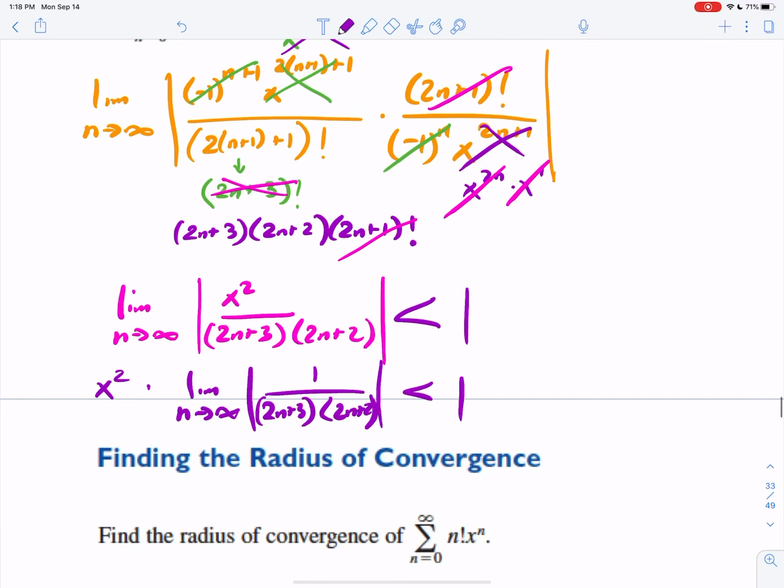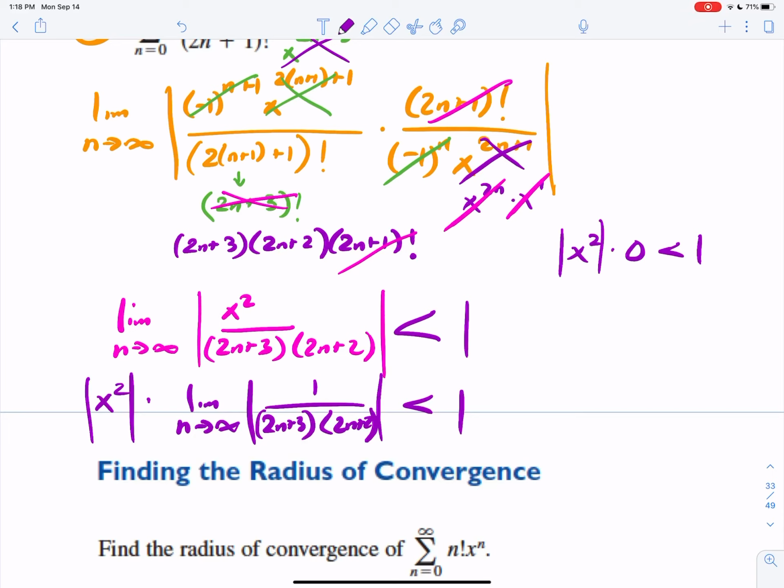So take a look now. What I have left is x squared times 0 is less than 1. But the thing is, when you multiply something by 0, you will get 0. Right? So what does that mean? Your radius is infinity.